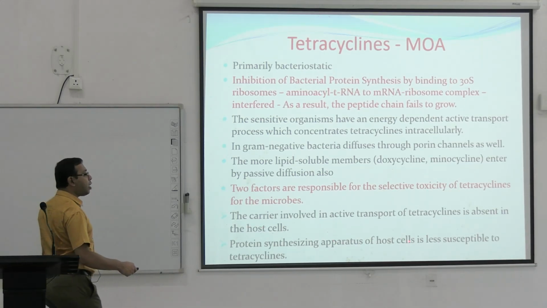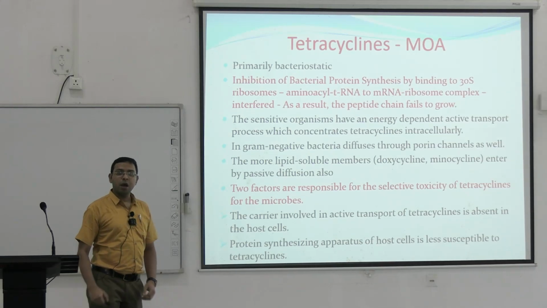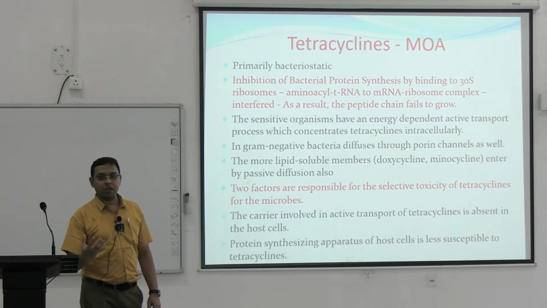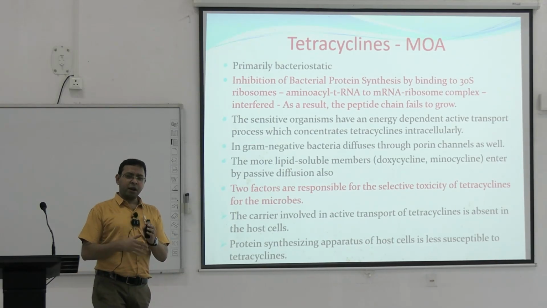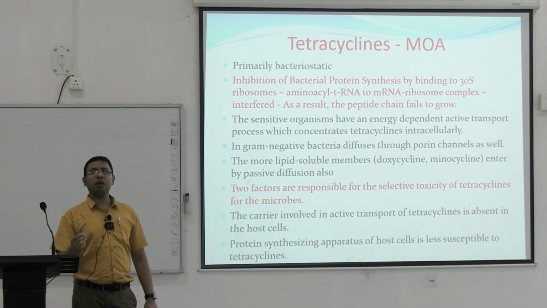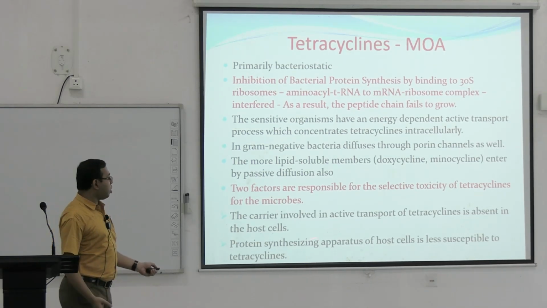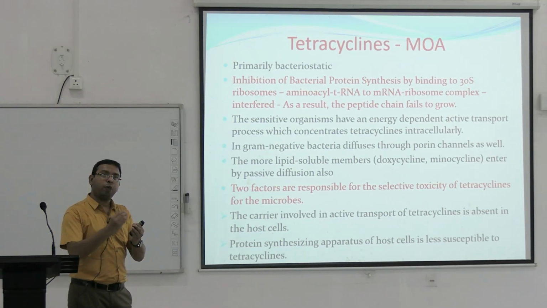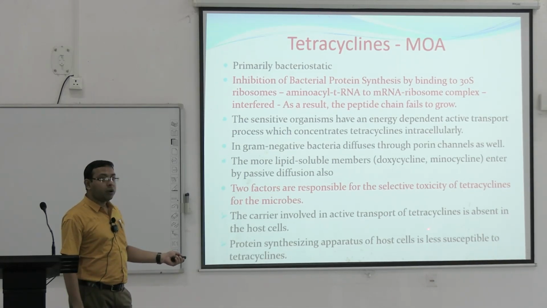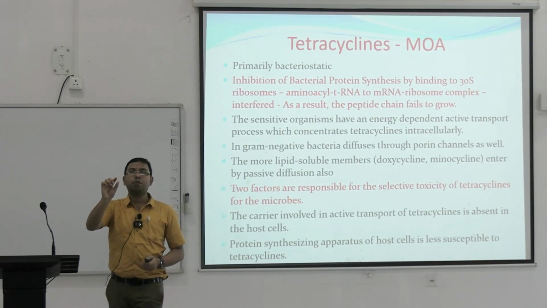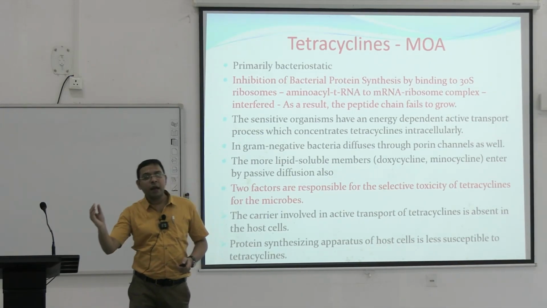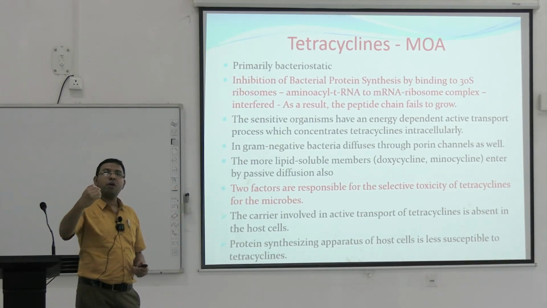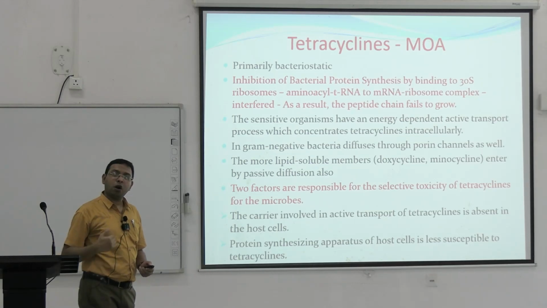The protein synthesizing apparatus is similar to the way our protein synthesis mechanism happens in our cells, but they are minimally toxic to our host cells because the drug has to be actively transported within the cells. This active transport is absent in our host cells, but this active transport mechanism is present in bacteria. That's why it can enter bacteria but not our host cells. That's why they are selectively toxic to the bacterial cells but not human cells.